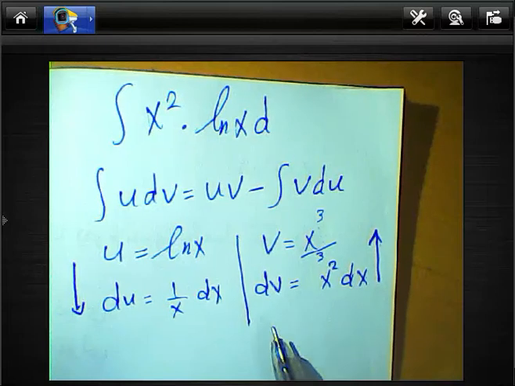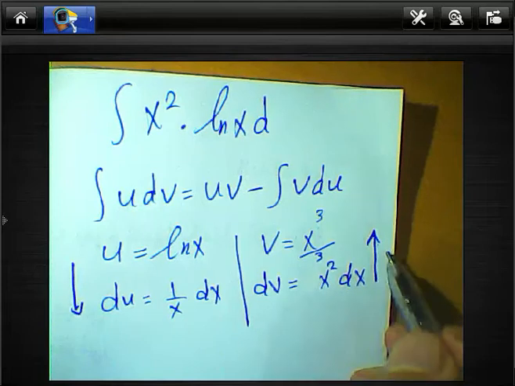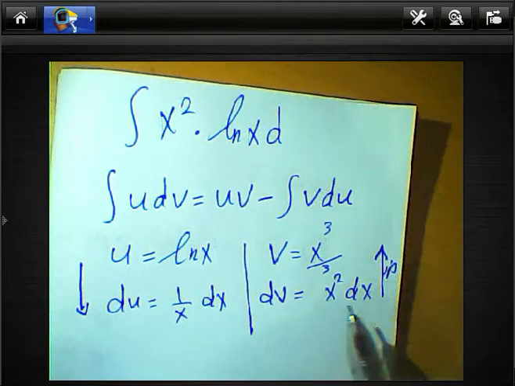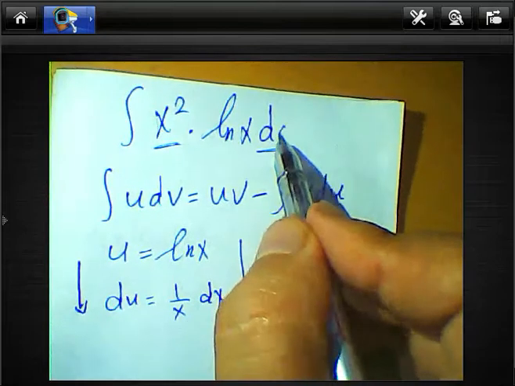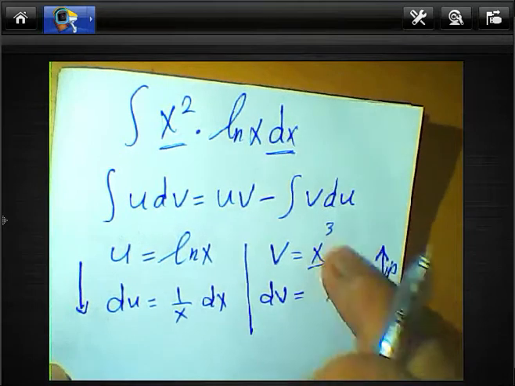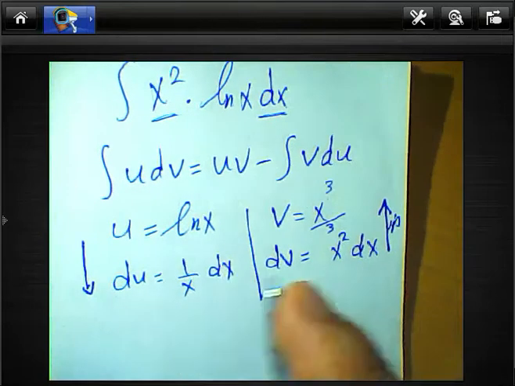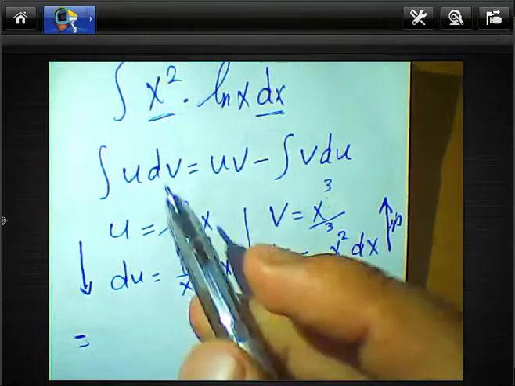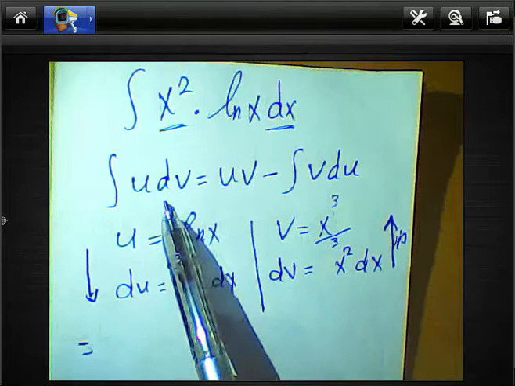Okay, so we can find the integration of this function, x power 2 dx, which will be x power 3 over 3. So we can find the result, the integration of x power 2 ln x dx, by this rule, u multiply v.